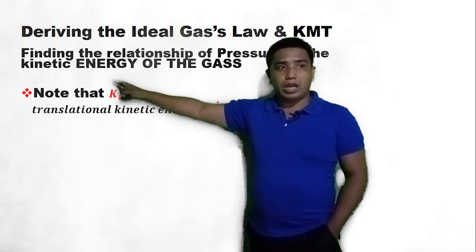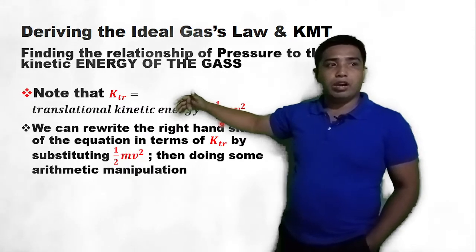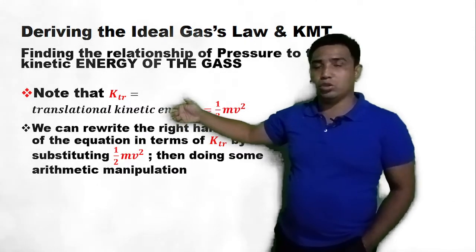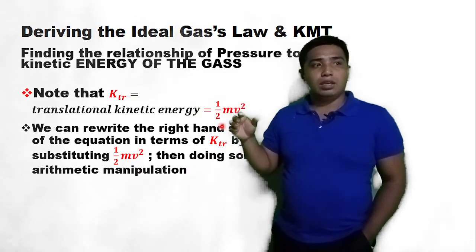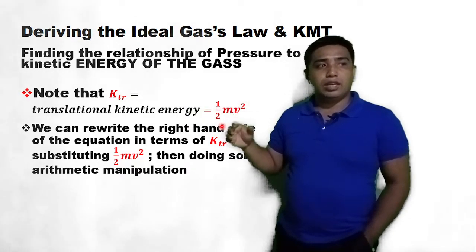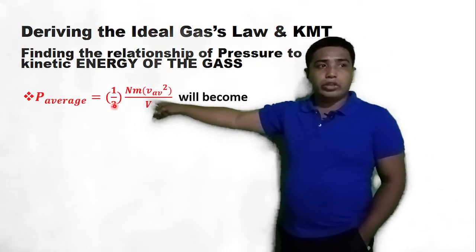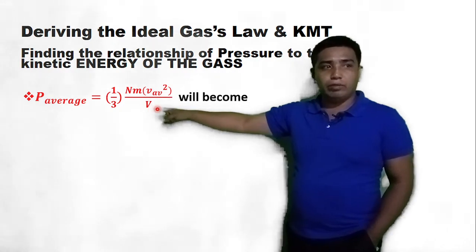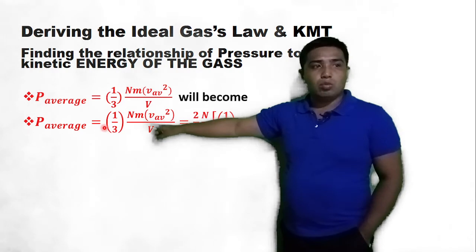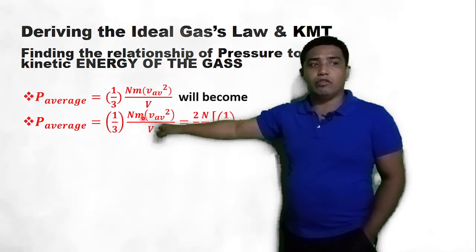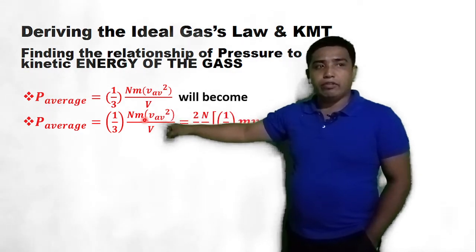So we try to rewrite the right hand side of the equation in terms of KTR by substituting 1/2 mv squared and doing some arithmetic, and you will see that P average, which is equal to 1/3 n times m times v squared all over V, will become P average equal to 2/3 N over V times the quantity 1/2 mv squared.